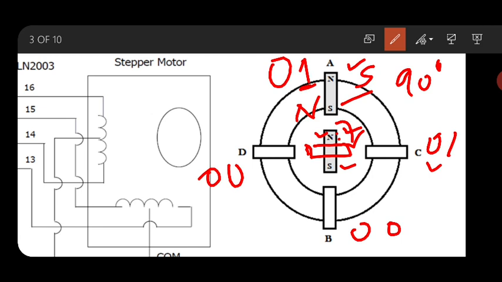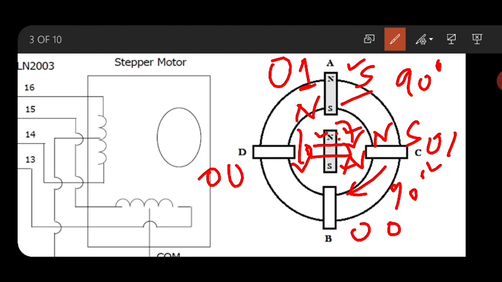Immediately again this will become N here and this will possess N. Again what will happen? The inside rotor will repel back, and repelled here, again it will take this direction. How much has it turned here? 90 degrees. Now this is not the magnet now.